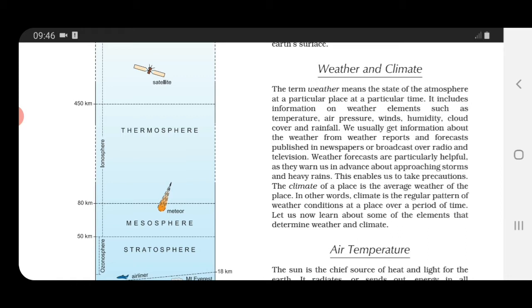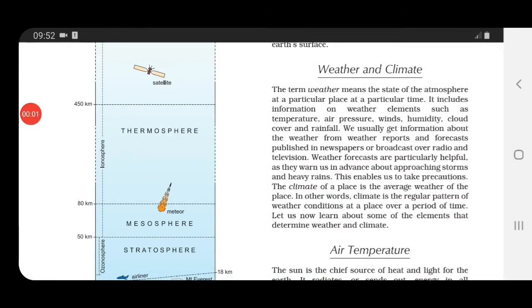Weather forecasts are particularly helpful as they warn us in advance about approaching storms and heavy rains. Okay, forecast means पूर्वानुमान and anticipation. Okay, if you forecast weather conditions, then they warn us in advance, about what? About approaching storms and heavy rains. कोई आंधी तूफान आने वाला है, heavy rains होने वाली है. Then if we are knowing that thing in advance, we can take some precautions, right? So that is why weather forecast is very helpful.